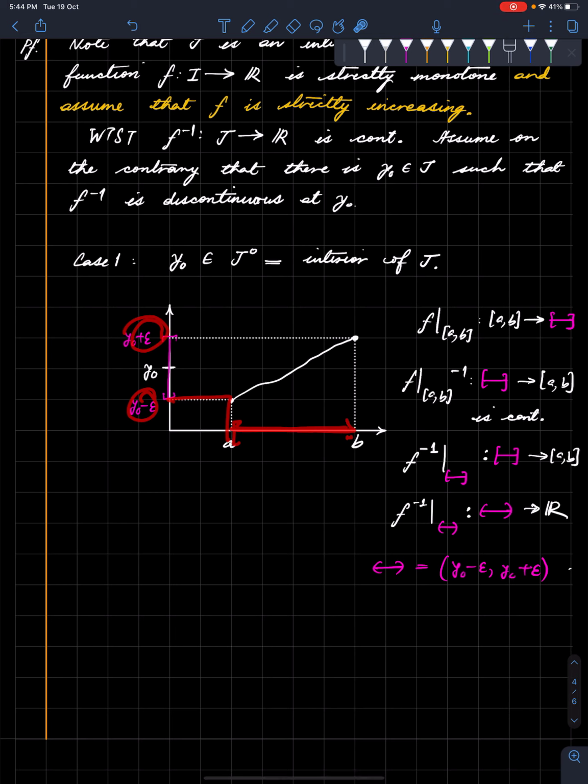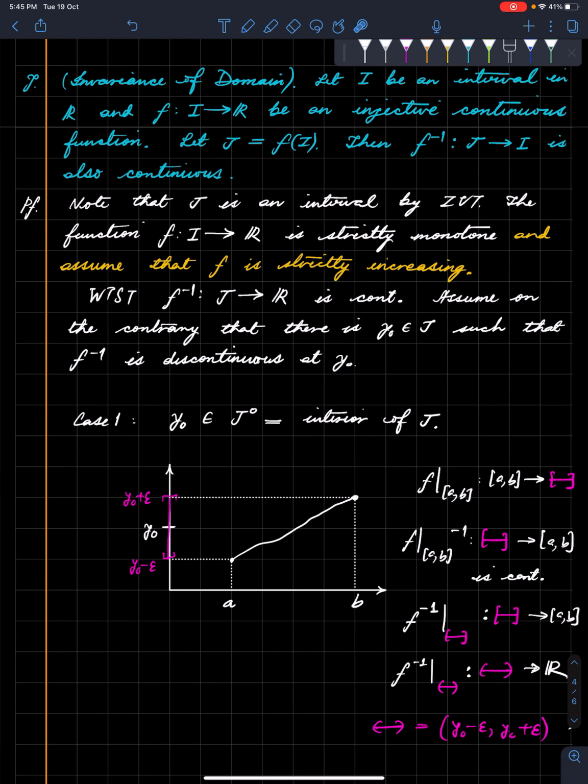Just observe the behavior of the function f in this guy. And to argue continuity of f inverse, it is enough to argue continuity of f inverse in this open set, because continuity is a local property. By the previous lemma, we have this leverage that f inverse is continuous when restricted to this closed interval, and hence when restricted to this open interval. That's all this is saying.